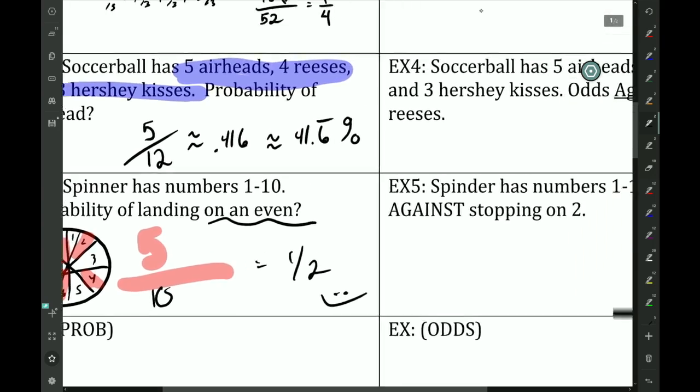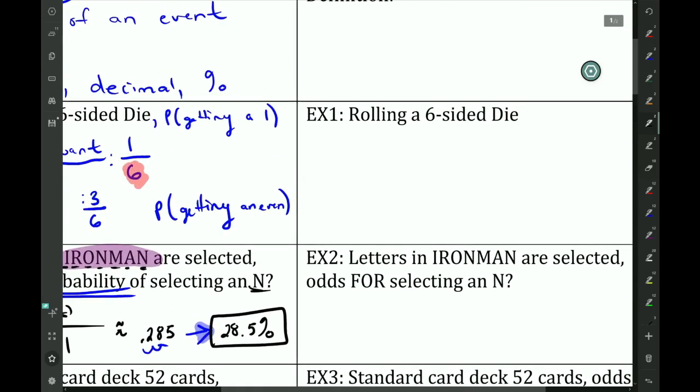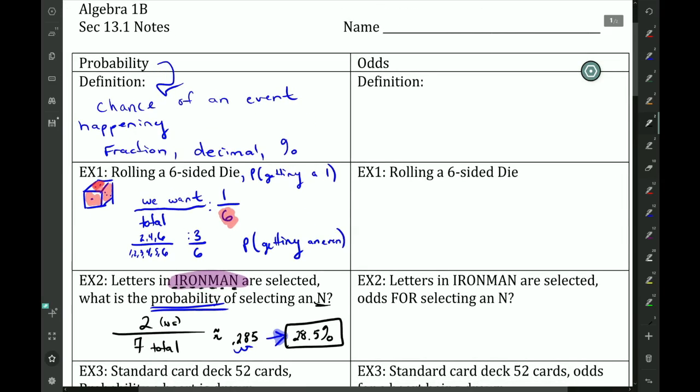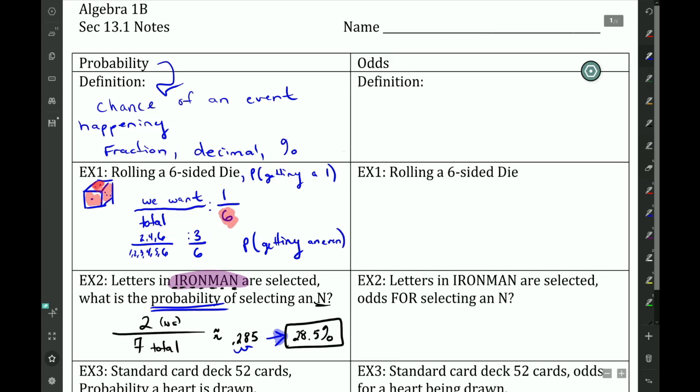So, the main focus, probability and odds. These are different, and this is the only really tricky thing today. They are not the same thing. Odds and probability represent similar circumstances, but they are represented differently.